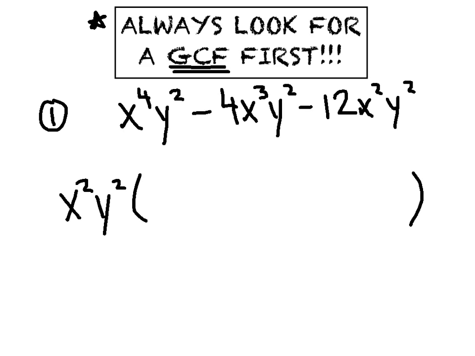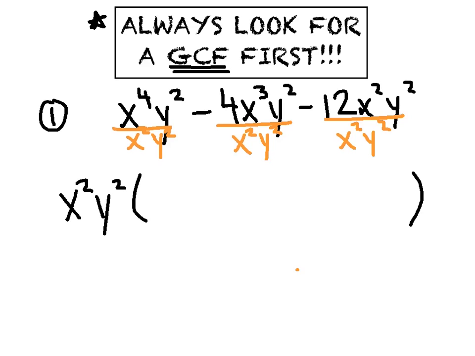Now we're going to divide each of these terms one by one by x squared y squared, and ask ourselves what we got after we divided. What I'm showing you here in orange is not something you have to show me, but I think it's very helpful as you try to decide what's left in the parentheses.